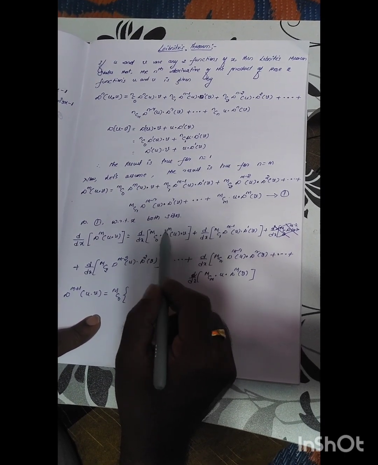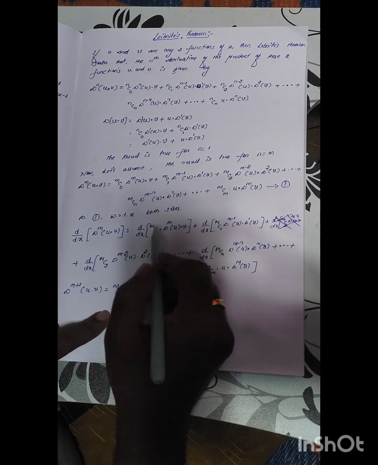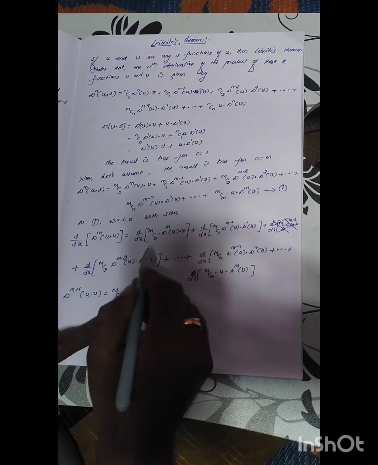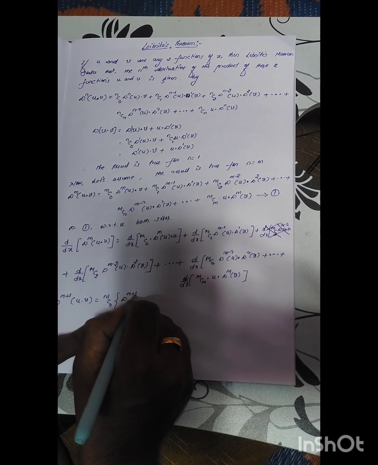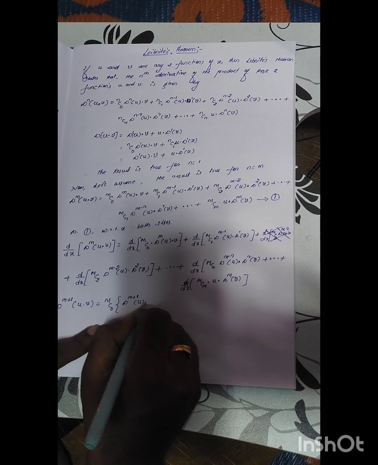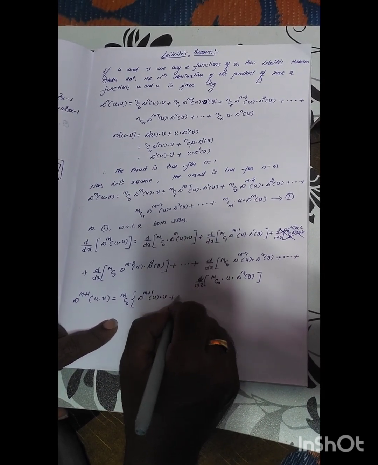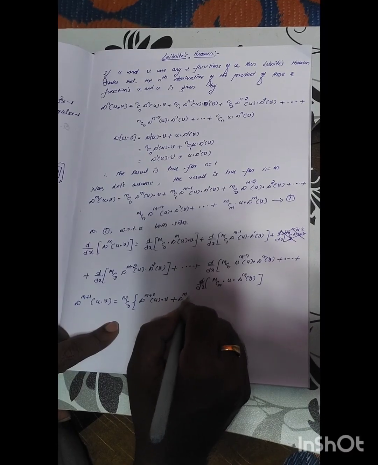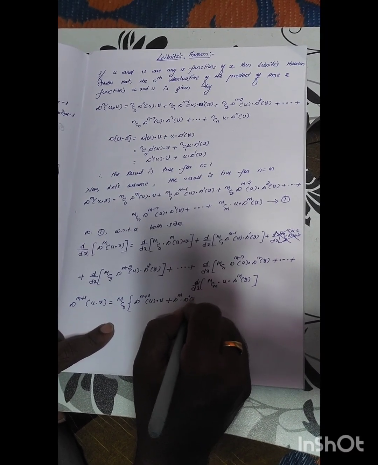So I have to apply the product rule again here. This will become d raised to m plus 1 of u into v plus d raised to m of u into d1 of v.